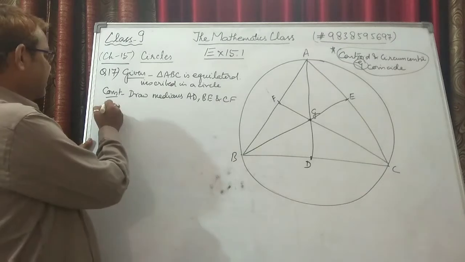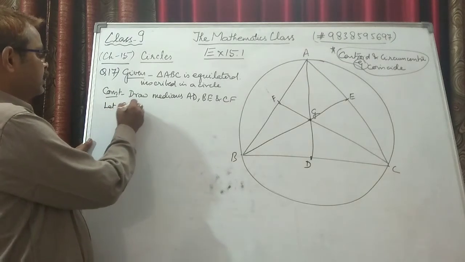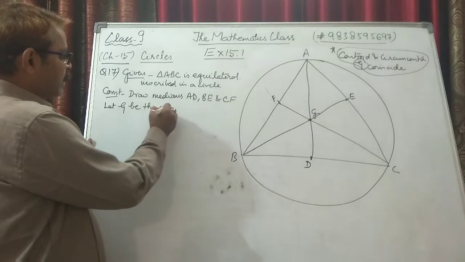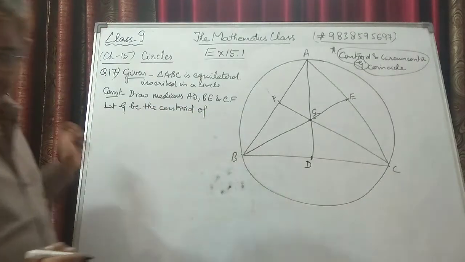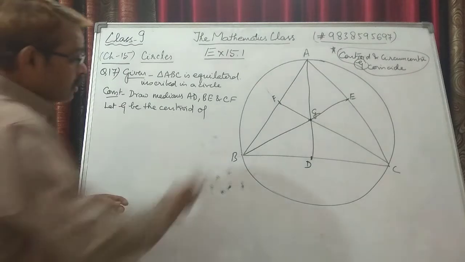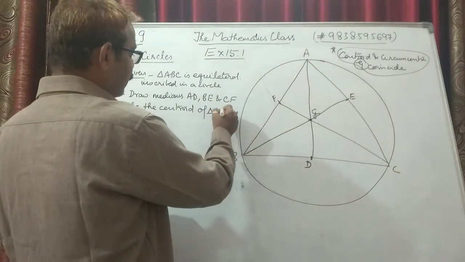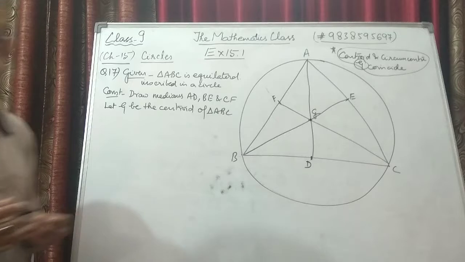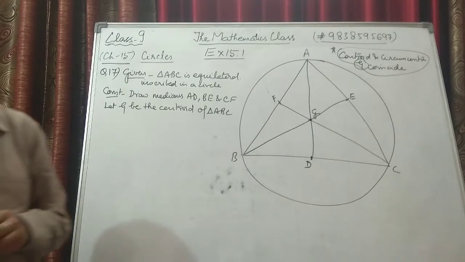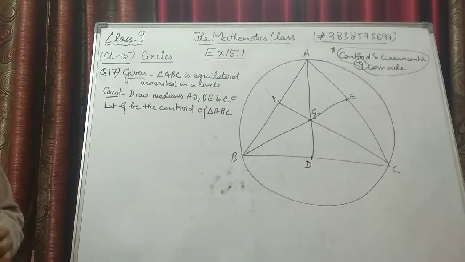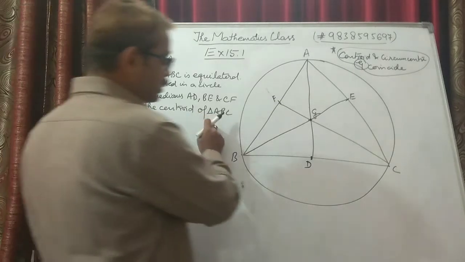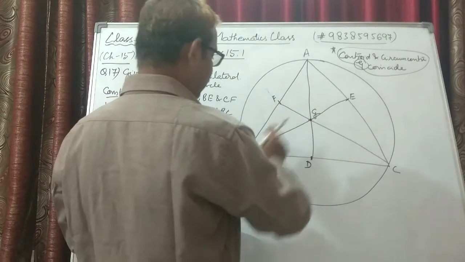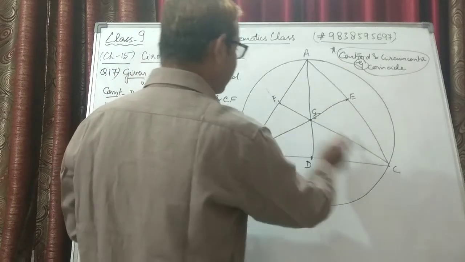Now we will consider, let G be the centroid of triangle ABC. What we have taken is ABC, the centroid is G, and G is the point of intersection of the medians AD, BE and CF.